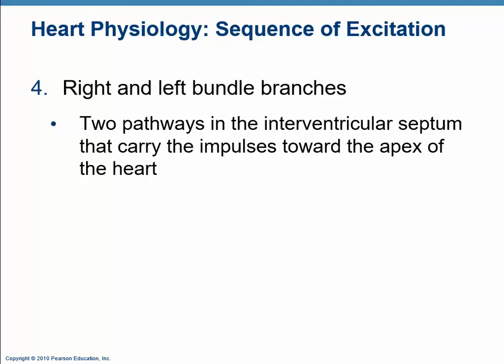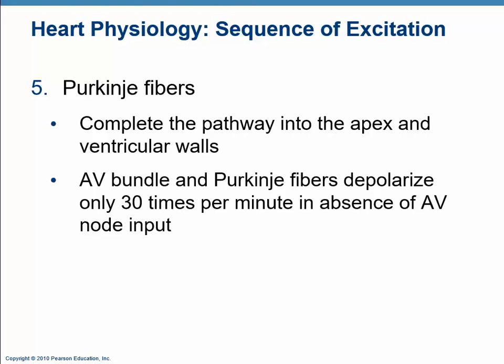At the apex, they turn up the myocardium as Purkinje fibers. The Purkinje fibers move along the walls on the outside of the ventricles. And now they depolarize at 30 times per minute. So if there is no AV input or if one of the bundle branches is blocked, they will still depolarize, but only about 30 times per minute.